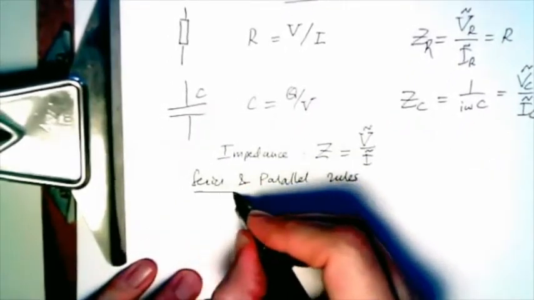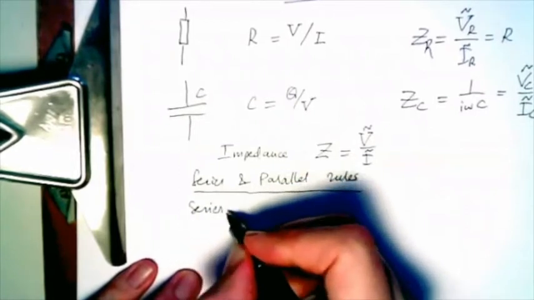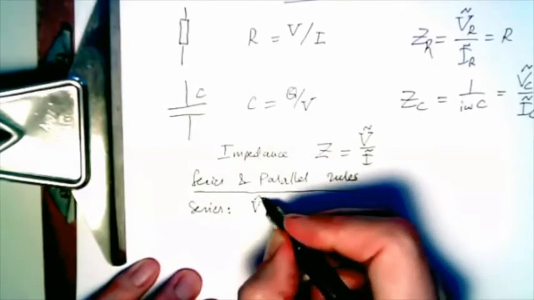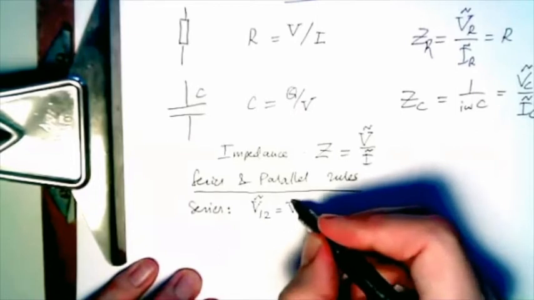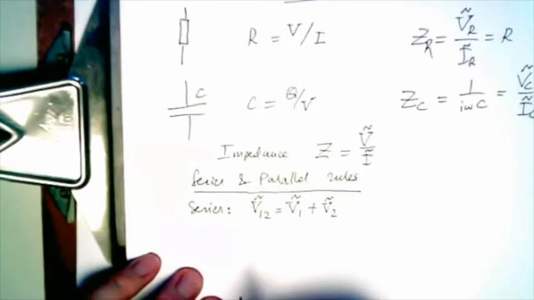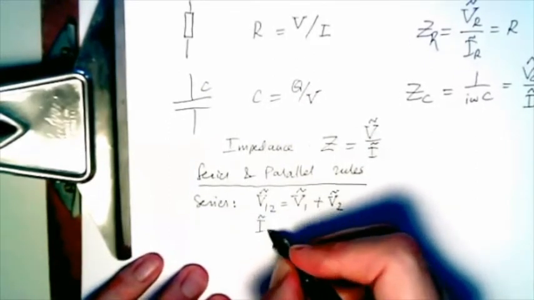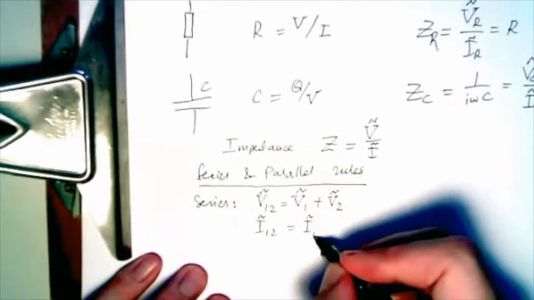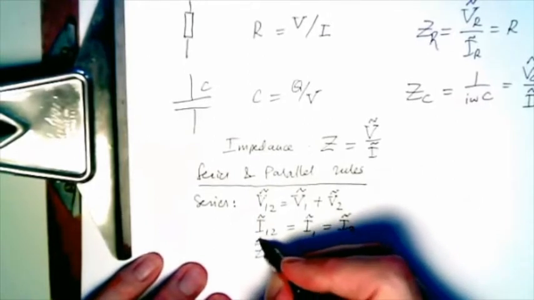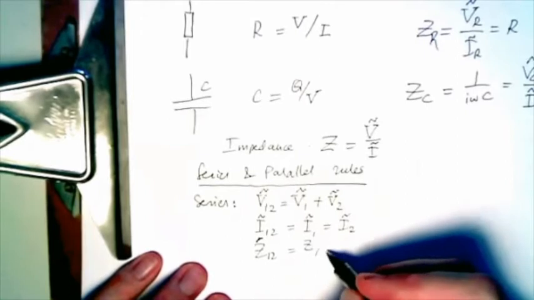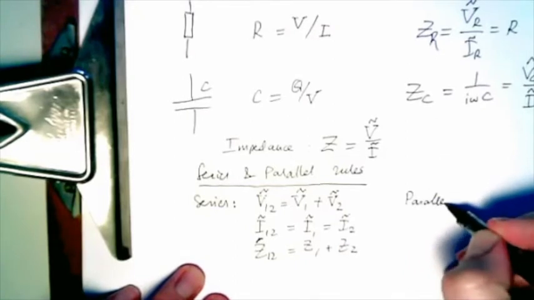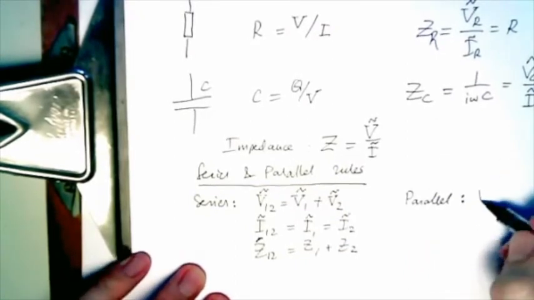Okay, so series and parallel rules. In series, the voltages add, but now instead of voltage in real form, we use the voltage in phasor form. The currents are the same. And therefore the impedances add. And in parallel, the voltages are the same.